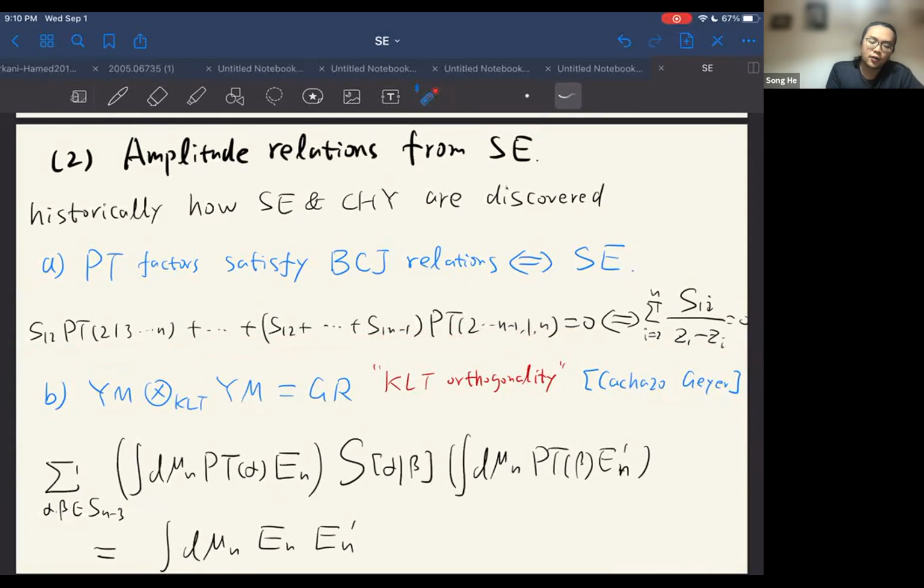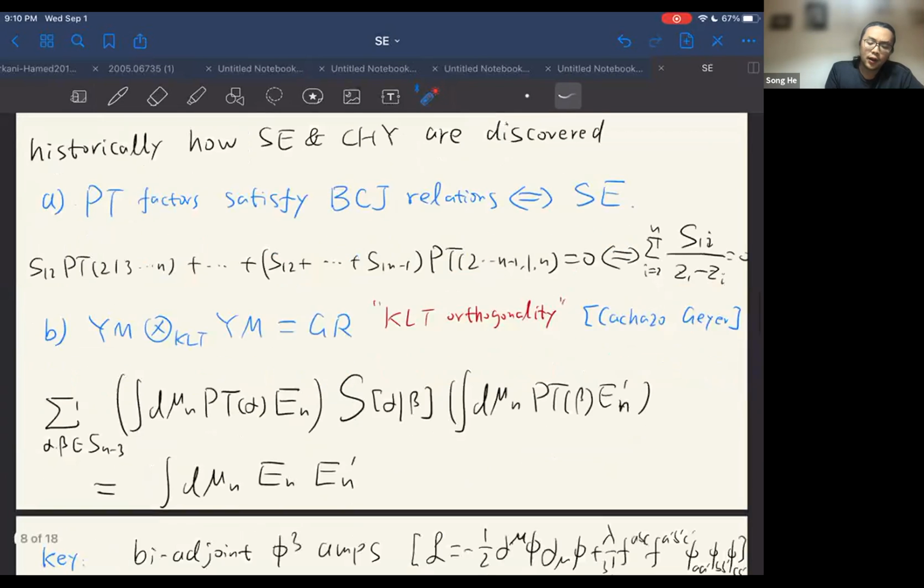So this tells you very strongly that, I mean, the first thing that Freddie studied was in 4 dimensions, that the Parke-Taylor factors in twistor string satisfy BCJ relations, but BCJ relations should be there in any dimension. So that's why this immediately suggests that what you should be looking for are some universal equations like that.